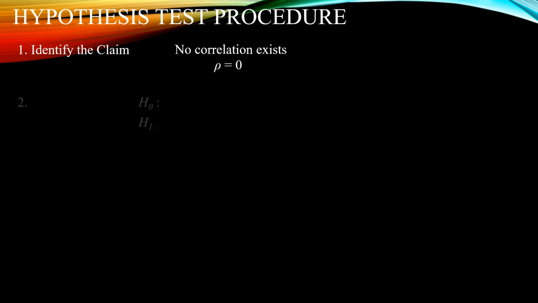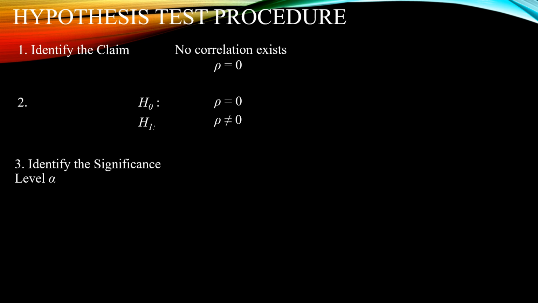Because that has an equal sign, that is going to have to be the null hypothesis. The alternative hypothesis is that the population linear correlation coefficient is different from 0, either close to 1 or negative 1. And so you would have an alternative hypothesis that a linear correlation does exist.